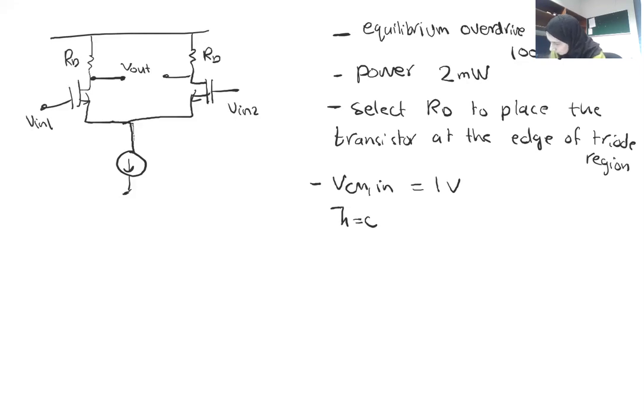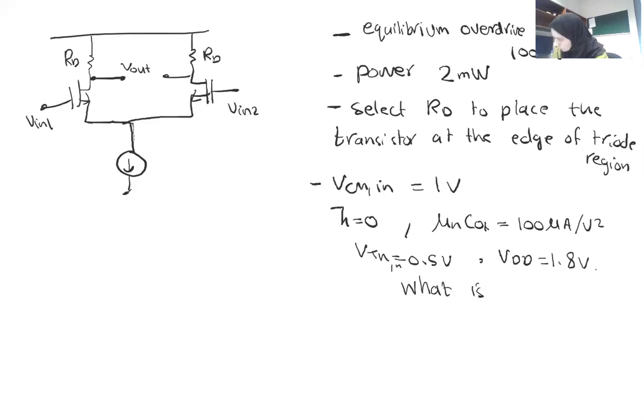Assume lambda equals 0 and mu_n Cox equals some number of microamp per volt square. We have V threshold equal 0.5 volt for the NMOS, and VDD equal 1 volt. Okay, so these are the things.